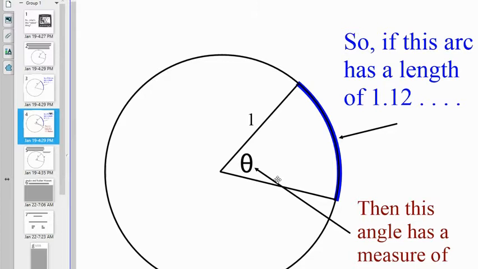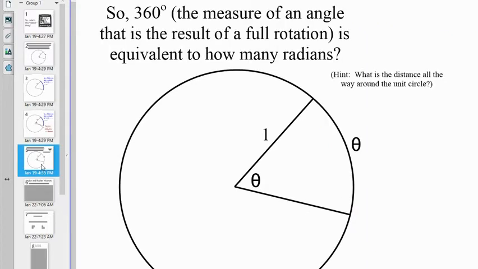And I know that's a different way to think about it. That's unusual. That's a strange way to think about it, but that is what a radian is defined as. On the unit circle, this curved distance, this arc length, is the radian measure of that angle. So if we have a 360-degree angle, if we're going all the way around the circle one time, what would be that radian measure?